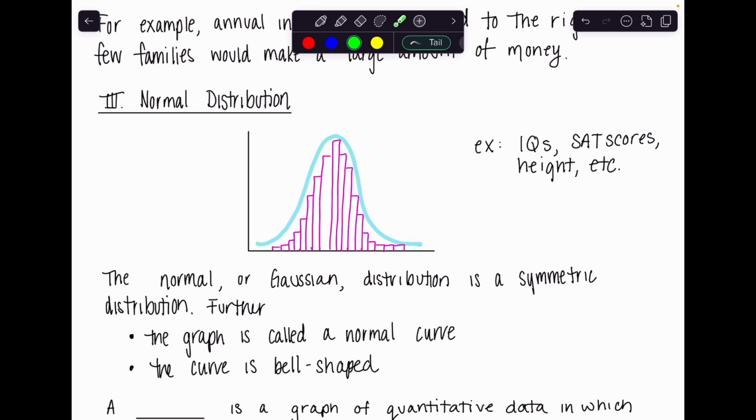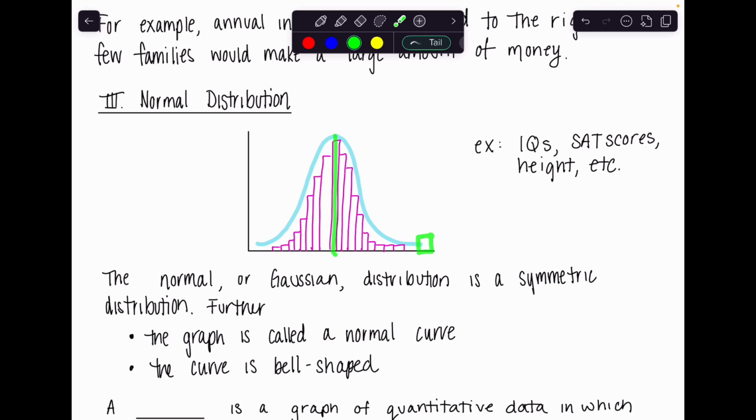Height, another prime example. So if you think about the average height for women, it's some specific number. Same thing, average height for men, probably somewhere around like 5'6", 5'8". I don't know the exact number. But most men fall within a certain height range. However, you've got your NBA stars that are 7+ feet.